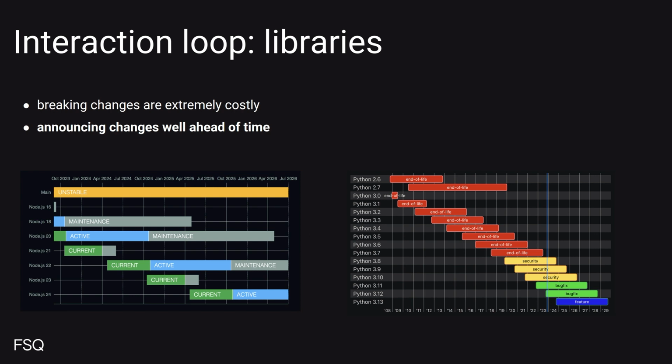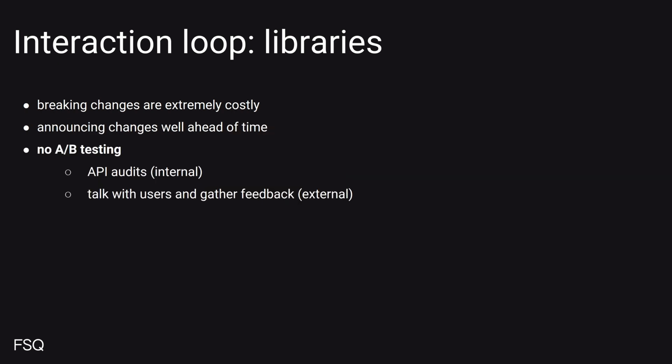And as I mentioned, apps and websites can work very differently, and one of the most powerful and probably the most liked tools for any product manager is not available when you're dealing with libraries, and it's A/B testing.